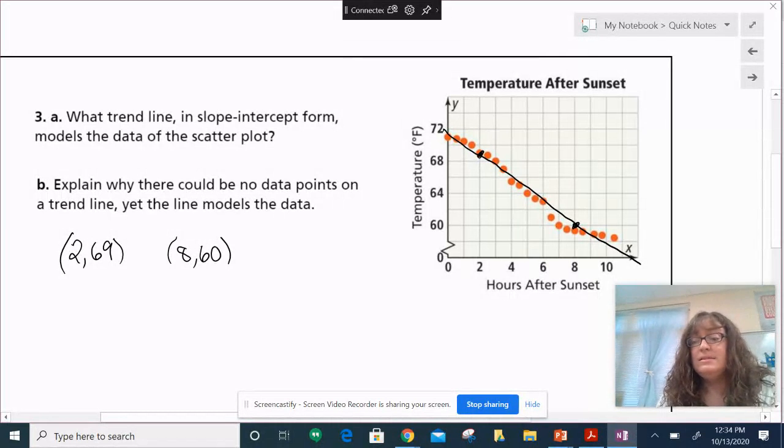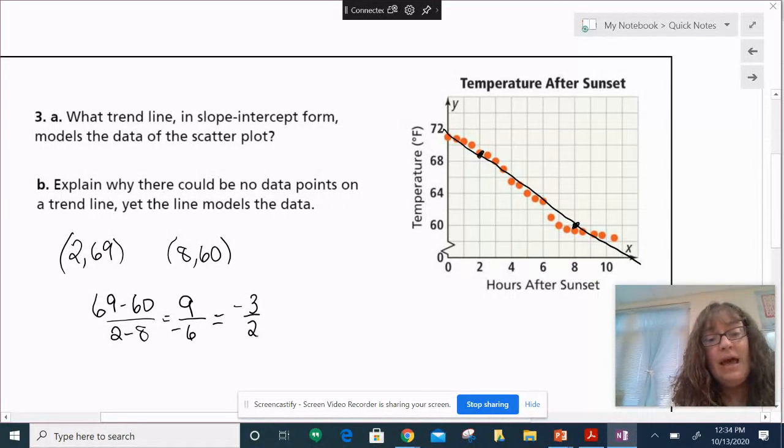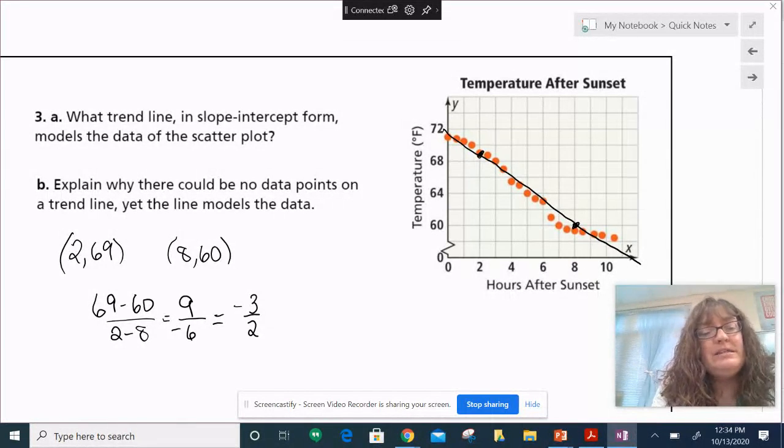All right, this time when I find my slope, I'm going to take 69 minus 60 divided by 2 minus 8. 69 minus 60 is 9, and 2 minus 8 is negative 6. Reducing that, I'm going to get an answer of negative 3 halves. Again, sometimes we get different types of slopes. It may not look very pretty on these because we're drawing a line of best fit.